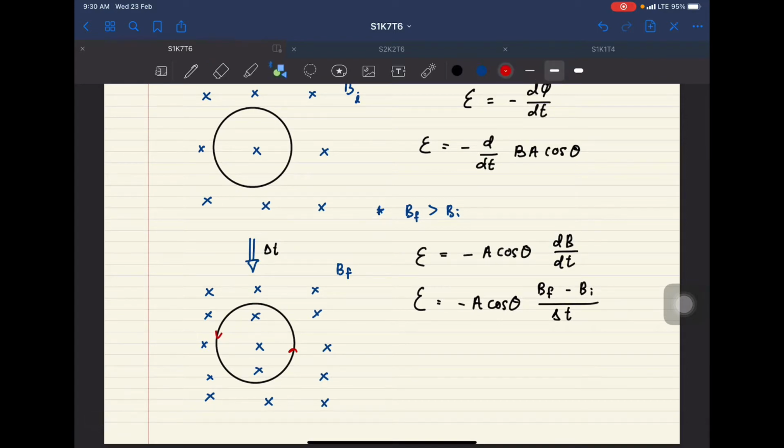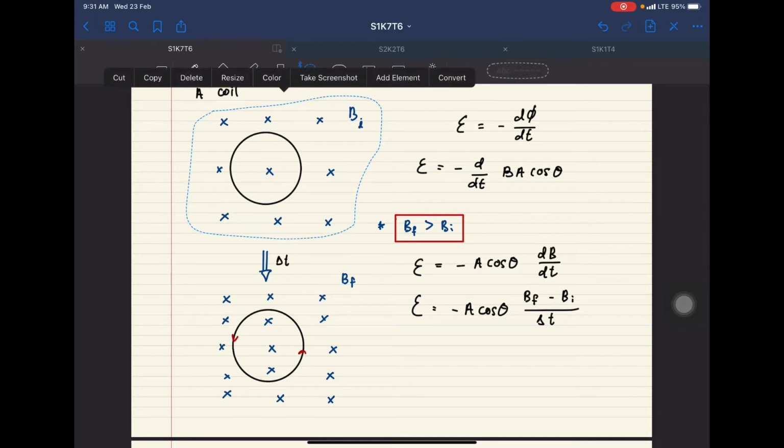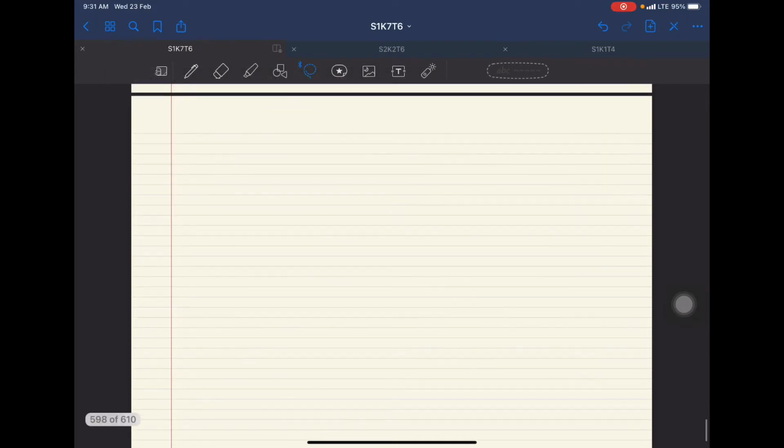This time I want to focus on the magnitude, because in the previous video we discussed the direction. Now we want to discuss what will happen if the quantity that is changing is actually your area.